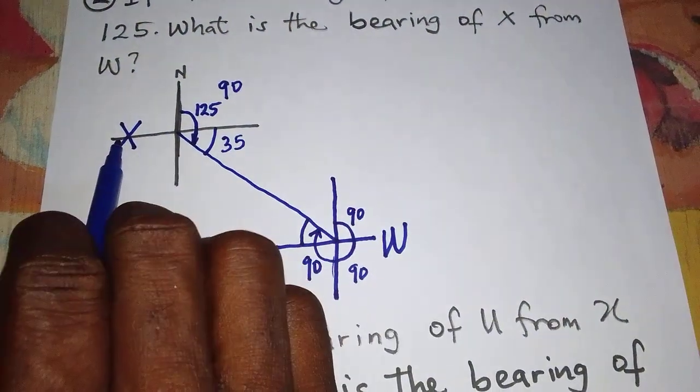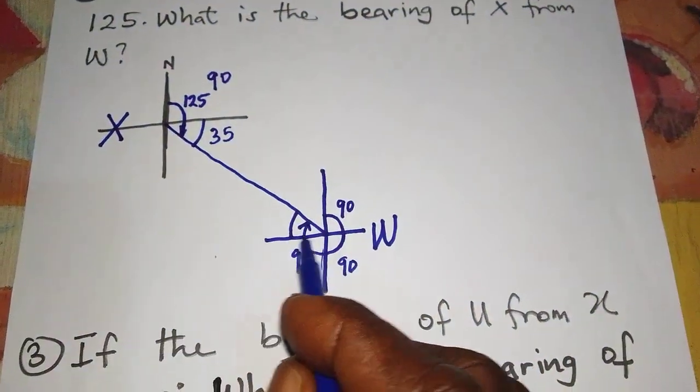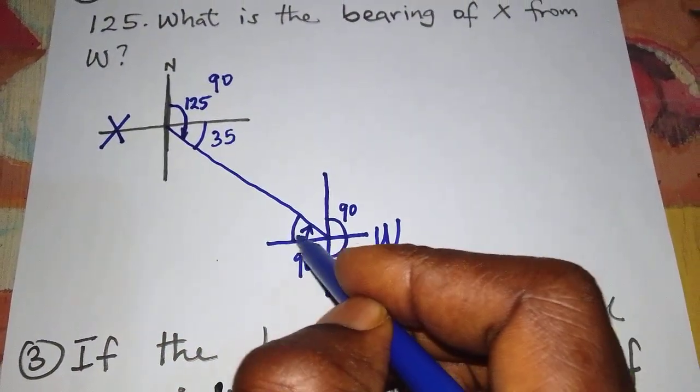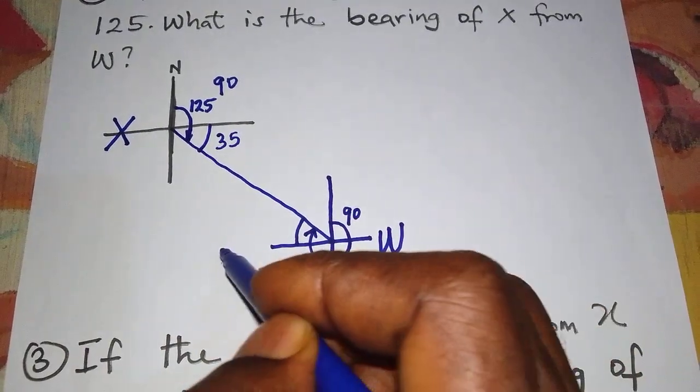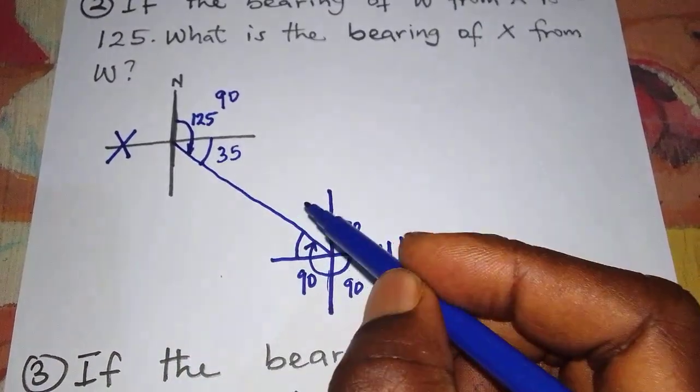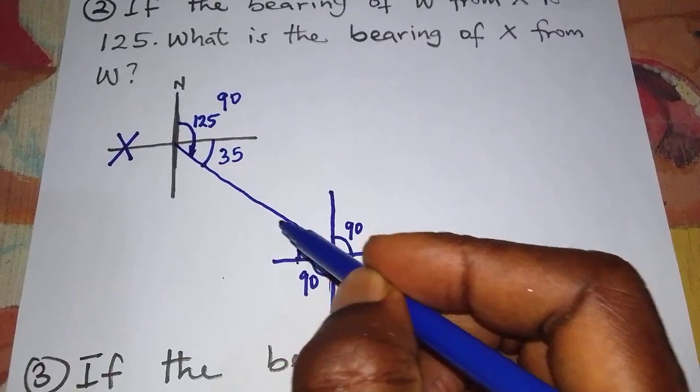Since you see that this line and this line are parallel, you now have something like a Z this way. Those are alternate angles. It means if this angle is 35, the remaining angle here will also be 35.